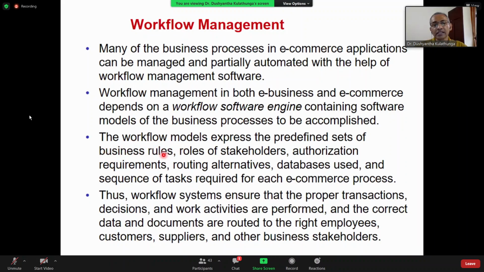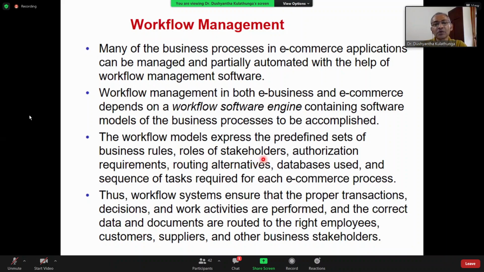So how a particular task is accomplished is already available in the model, and also what the stakeholders, the users, the employees can do with the particular process can be defined here, and also what sort of authorization we can incorporate.